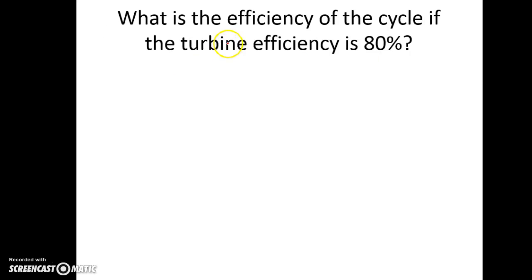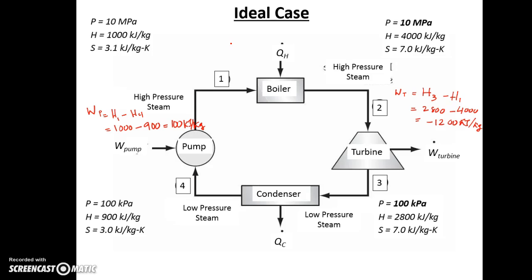Okay, what is my QH? QH is equal to H2 minus H1. H2 is 4000 minus 1000. This is 3000 kilojoules per kilogram.